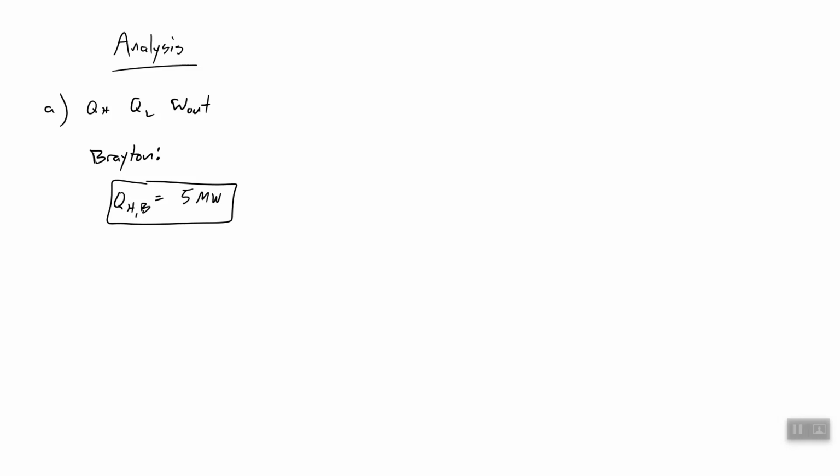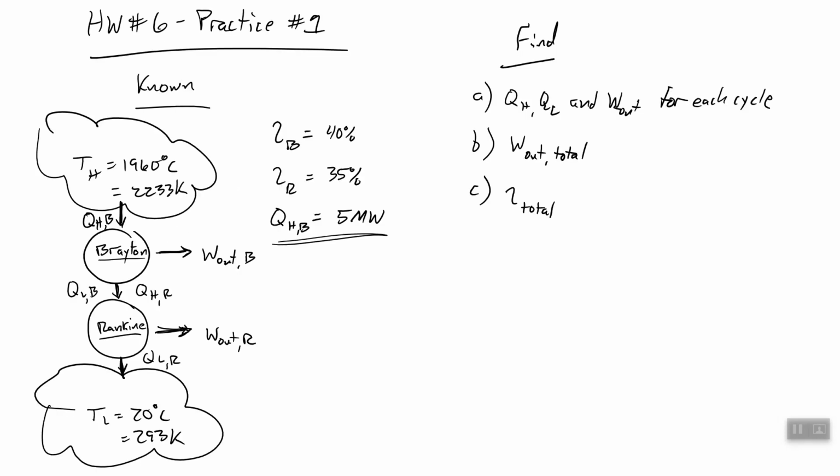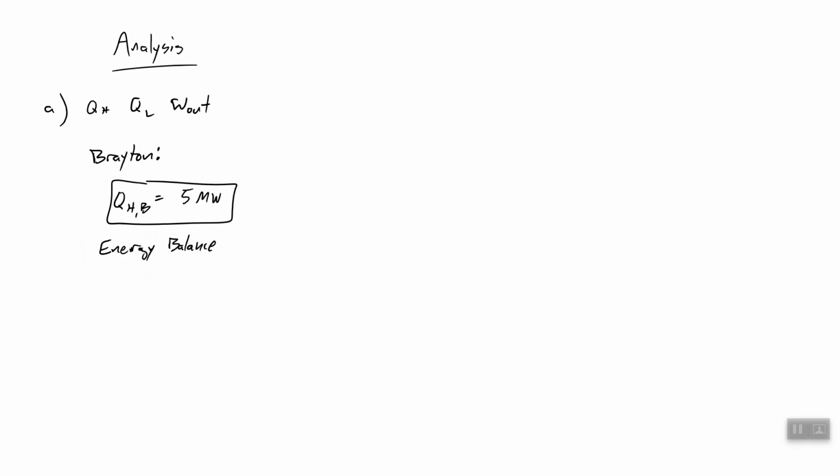Now we will do an energy balance on the Brayton cycle. So going back, we're going to draw a box, a red box around the Brayton cycle. And we're going to do an energy balance where we have Q in, QHB, is equal to the work out plus QLB.